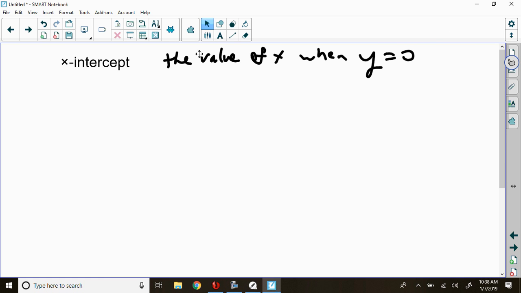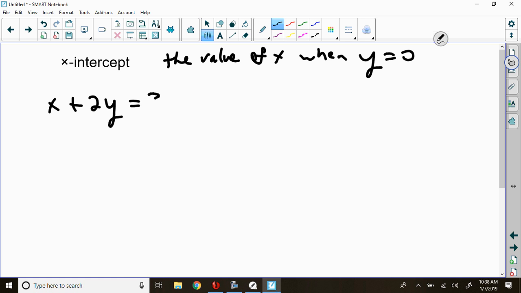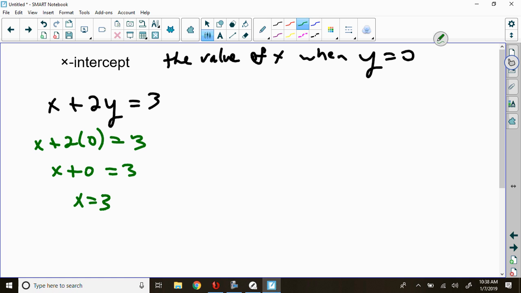So if we looked at our last equation in standard form, x plus 2y equals 3, we would replace y with a 0, so we'd have x plus 2 times 0 equals 3. So we'd have x plus 0 equals 3, or x equals 3, or the point (3, 0).